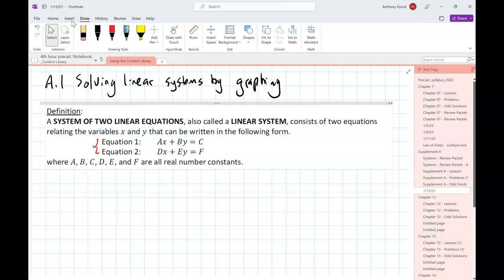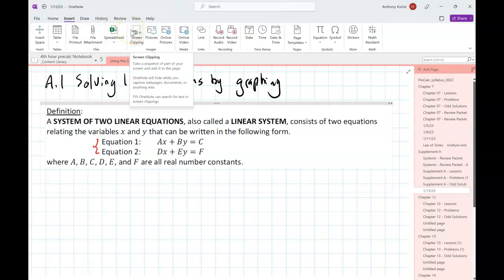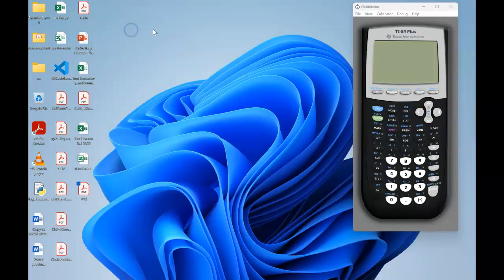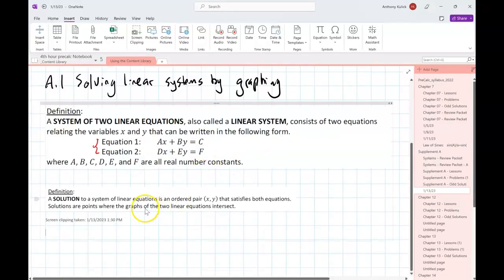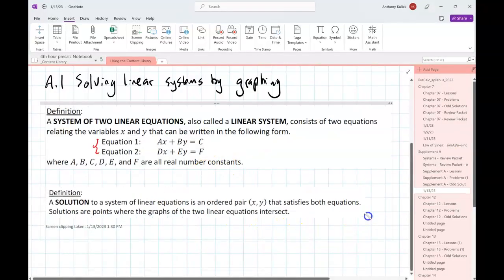So let's talk about what it means to be a solution. So if these two equations are true simultaneously, a solution has to be an x and a y that'll satisfy both equations.